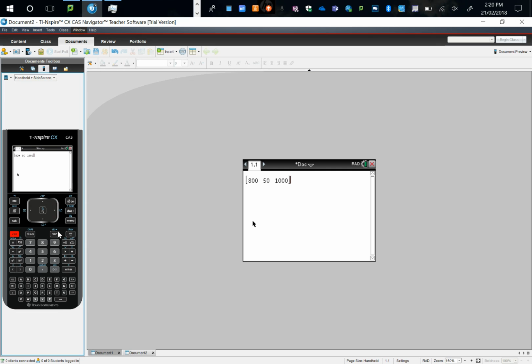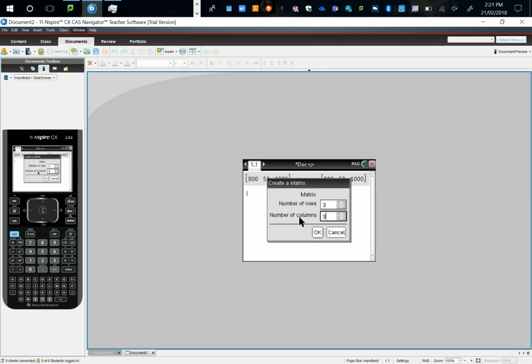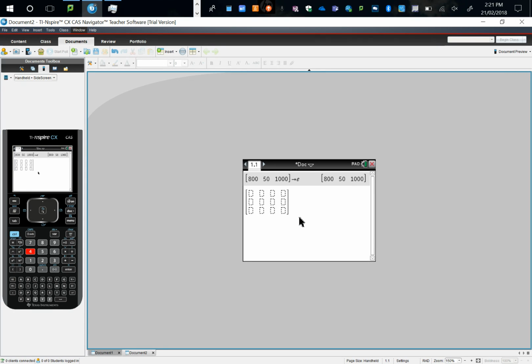So we could store it as, that one is E. I could do the same for the other one. And it's 3 by 4. So we've got 2, 3, 1, 2, 20, 30, 50, 40, 2, 1, 3, 2. I'm going to store that as D.